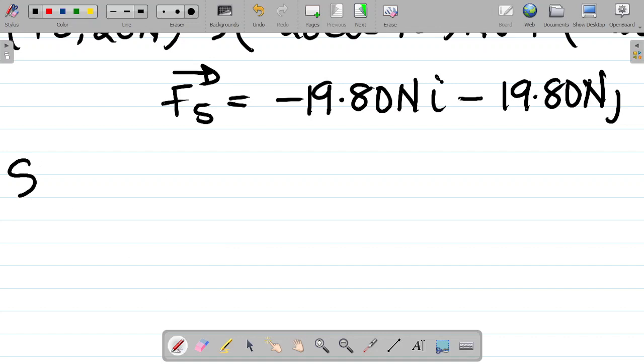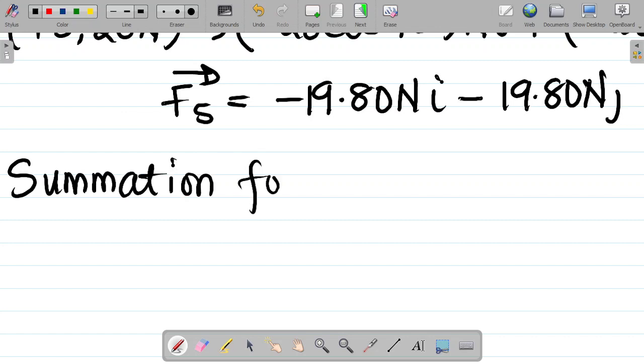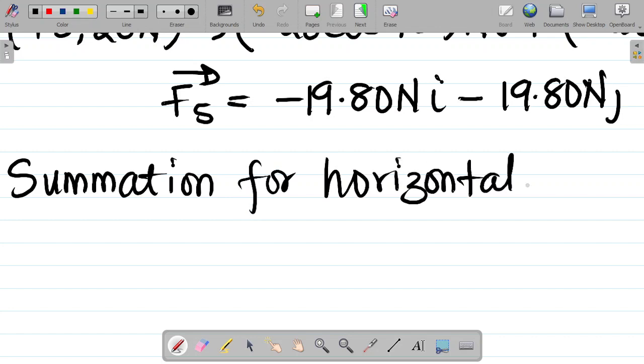So let's take the sum of horizontal forces. So summation of horizontal forces, right? This is actually sigma Fx, right?